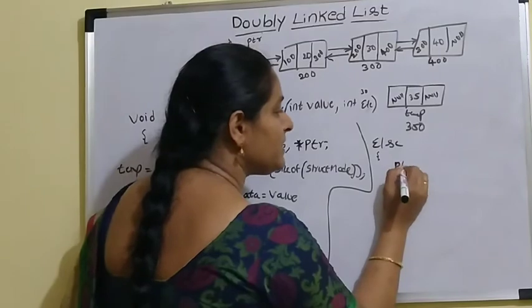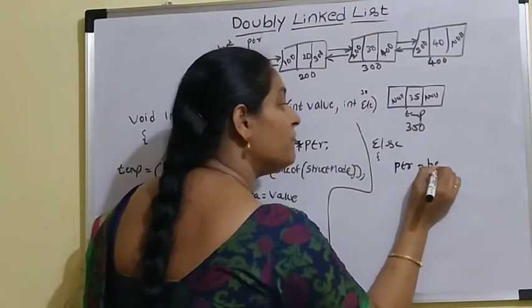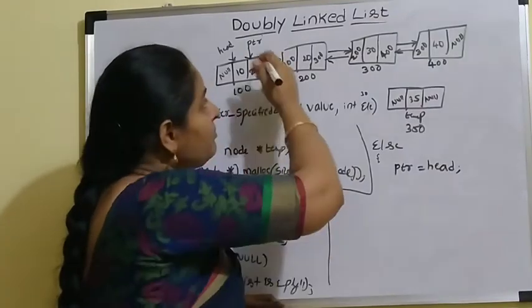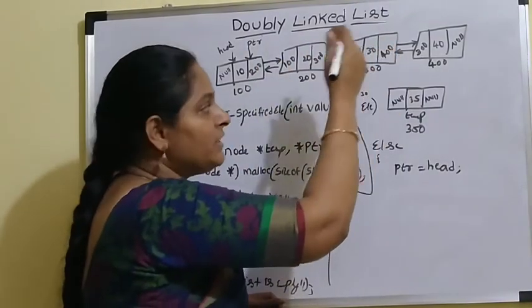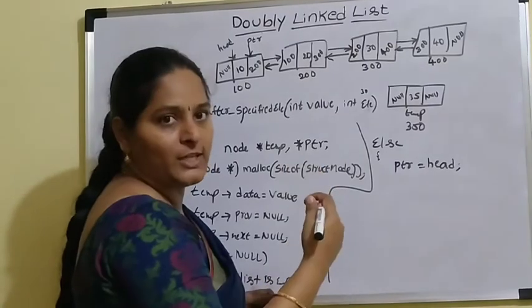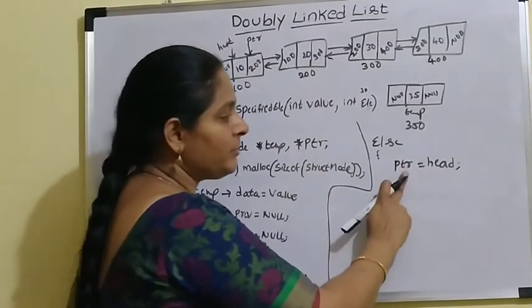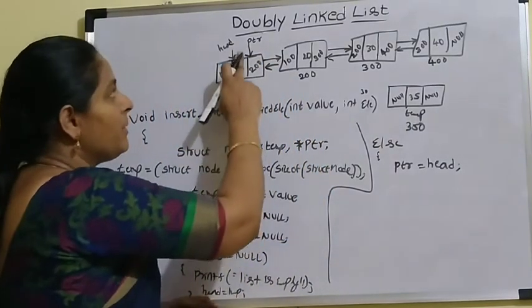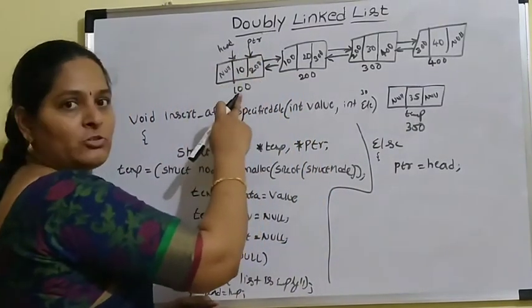Initially I am initializing PTR with the first node address, that is the head address. Why? Because from the beginning we need to compare whether our element is found or not. So PTR is pointing to the first node.